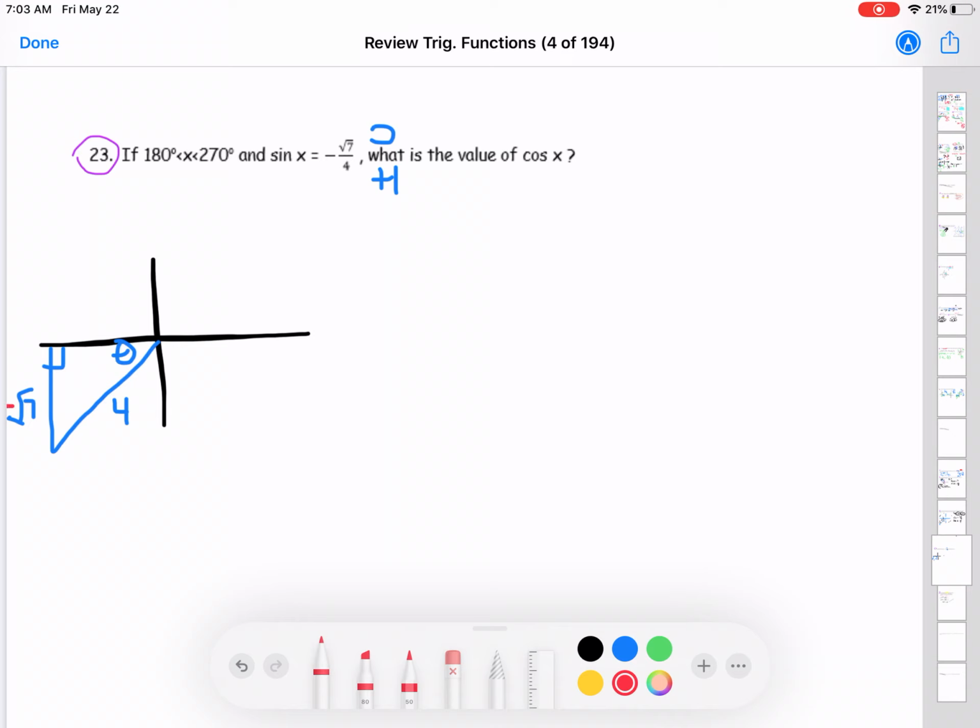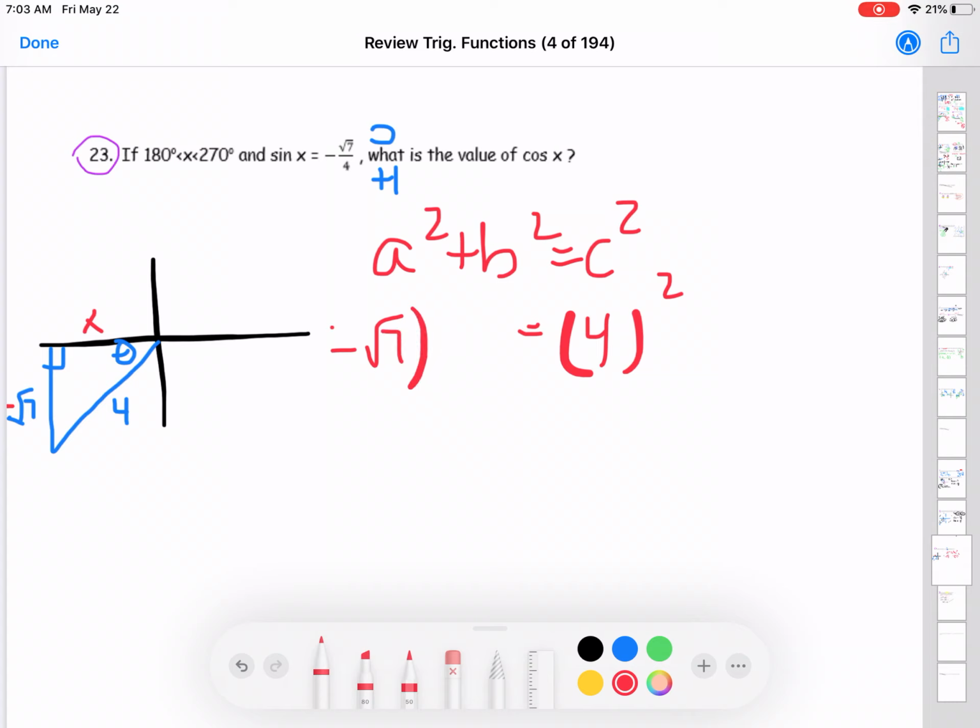And now here I do need to do Pythagorean theorem. Remember, always put in that hypotenuse first. The other two values don't matter. So negative rad 7 squared, rad 7 plus x squared equals 16.